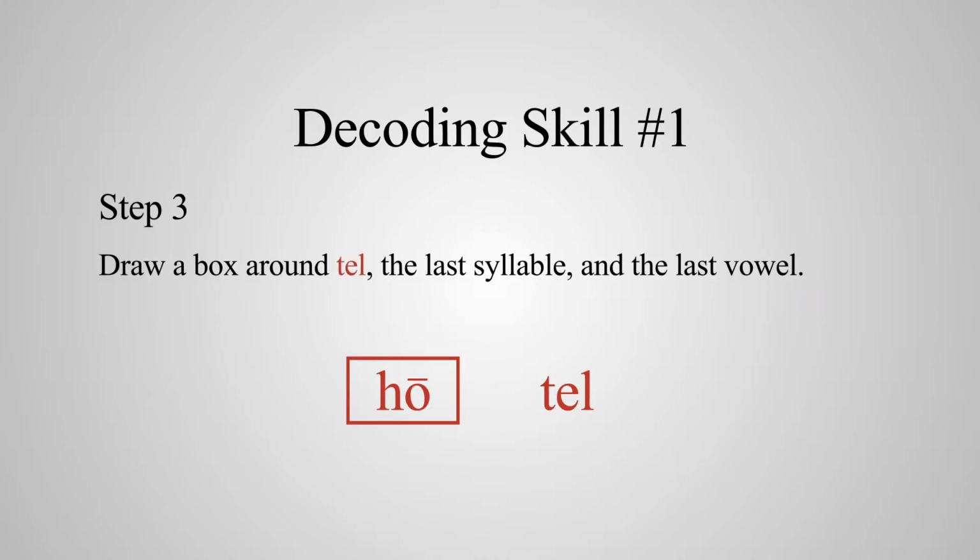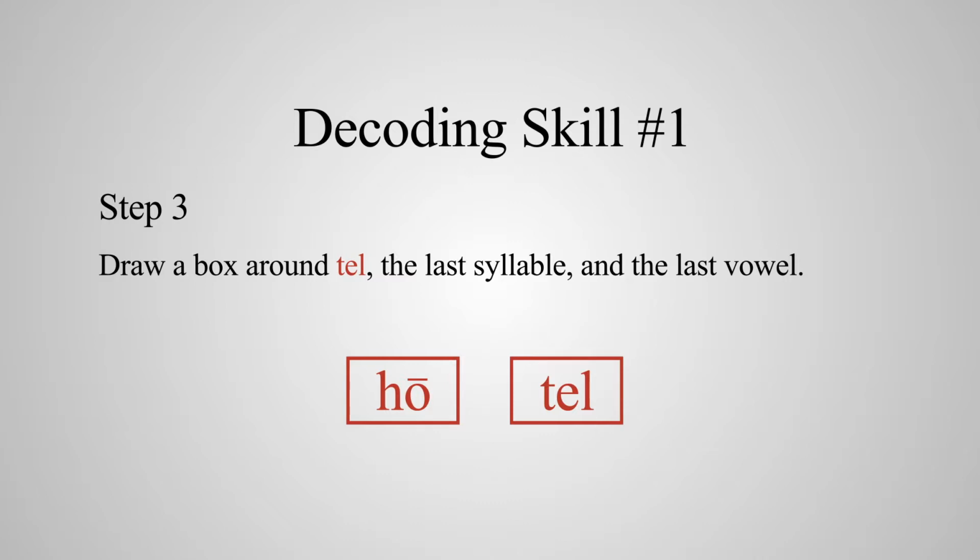Now let's go to step 3. I want you to look at the T-E-L. Draw a box around T-E-L. That is the second syllable, the second sound, the second time you move your mouth, the second beat, whatever you want to call it. It is number 2 in this word. First was ho, and second is what? T-E-L.